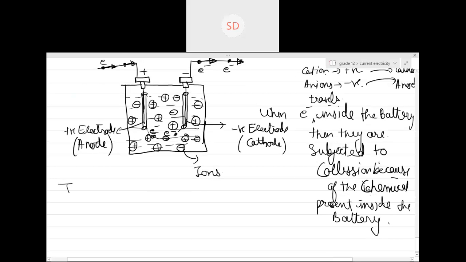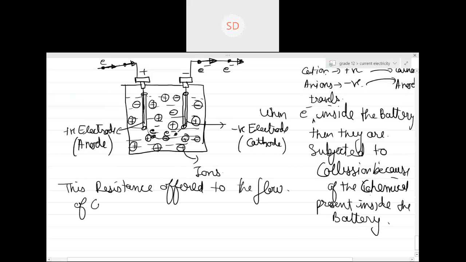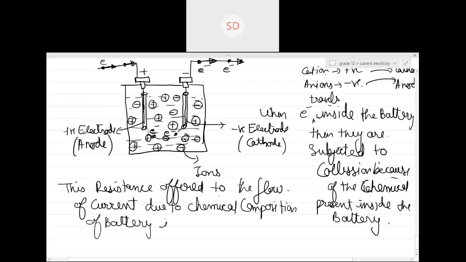Yes, sir. This resistance offered to the flow of current, or the flow of electrons, due to the chemical composition of the battery is termed as internal resistance.